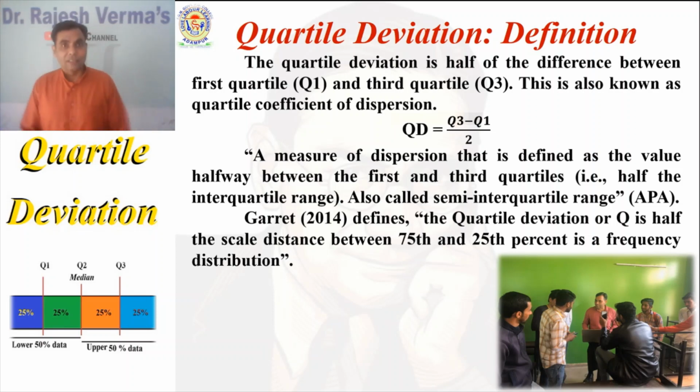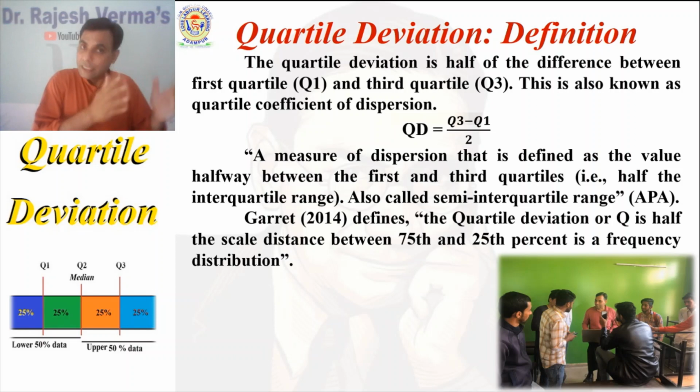Garrett defines the quartile deviation, or Q, as half the scale distance between the 75th and 25th percentiles in a frequency distribution. Meaning there is a distribution, and it says the same thing.